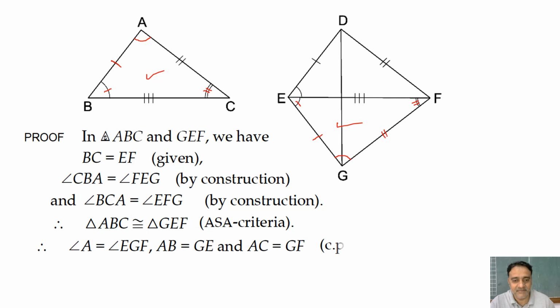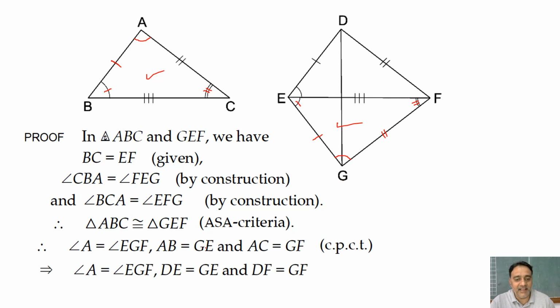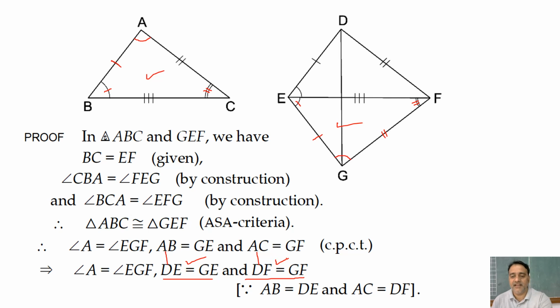Okay, now angle A is equal to angle EGF, AB is equal to DE, it is already given, and AC is equal to DF, it is already given. So these two will be equal and these two will be equal. If anyone has any doubt, ask. No, sir. Because these two are equal to each other and these two are equal to each other, therefore these two will also be equal. Right, the reason is that AB is equal to DE and AC is equal to DF.